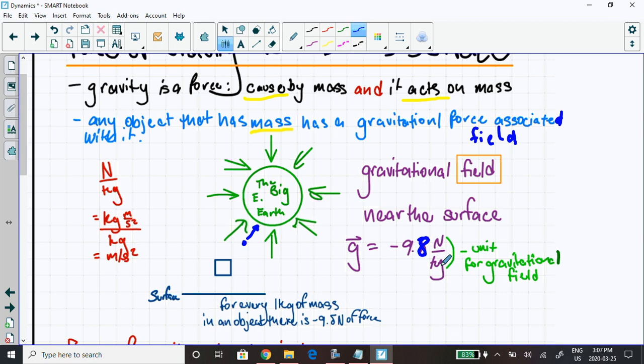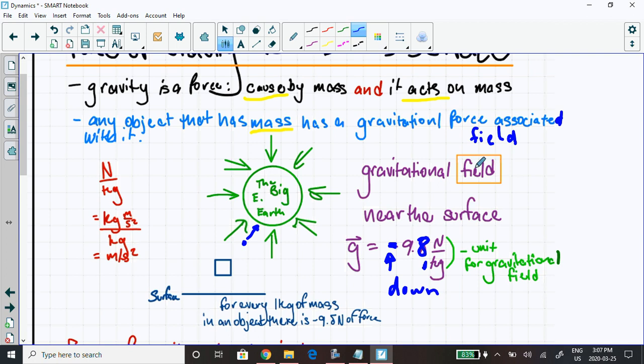And for every 1 kilogram of mass that an object has near the surface of the Earth, it will feel 9.8 newtons worth of force in a direction which is negative because it's down towards the center of the Earth, and towards the center of the Earth is all down force. So as it says here, for every 1 kilogram of mass that an object has, there is negative 9.8 newtons worth of force. This is known as the gravitational field.